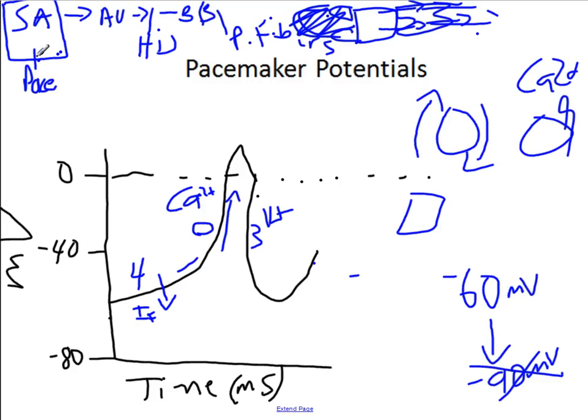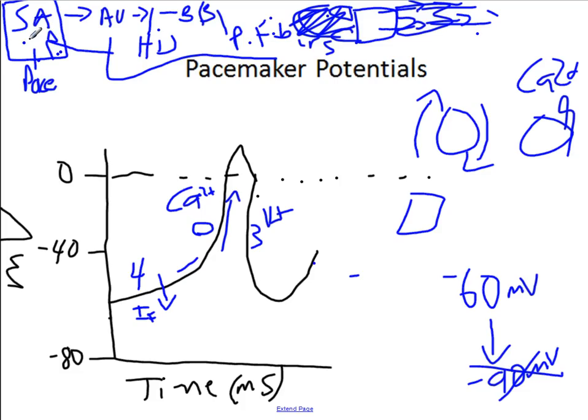So then all these other structures of the conduction system fall in line and depolarize and repolarize at this rate, because the action potential is moving through all these structures because of the speed of the SA node. And that's a process called overdrive suppression.